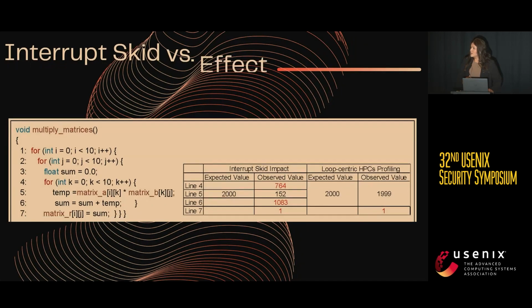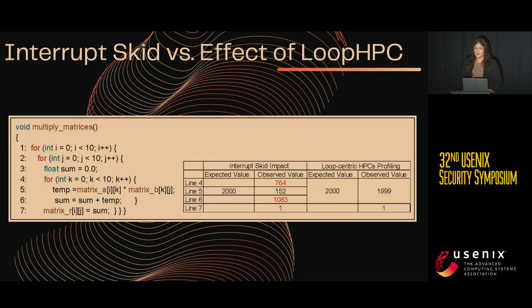One non-deterministic event that I would like to discuss is the phenomenon called interrupt skid. This phenomenon occurs between when an event is triggered and when the processor actually stops. In this figure, on line 5, you can see matrix multiplication is occurring, and the expected hardware event is load. When we measure this load event without any alleviation of non-determinism, instead of 2,000 we only observe 152.